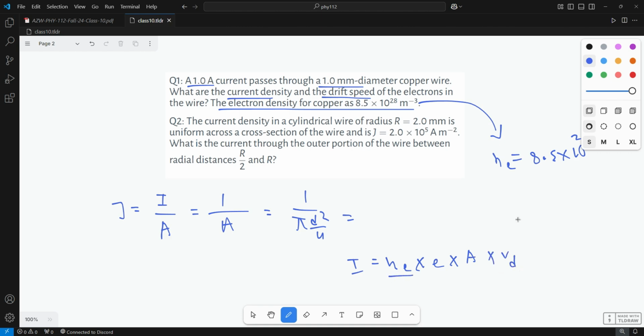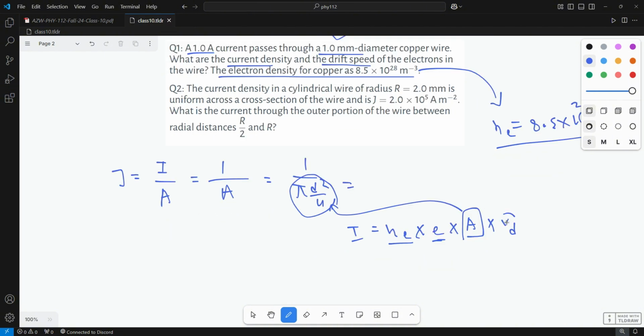So we have this, which is this. We know the value of the charge of an electron. We will find the area from the given diameter, and we can just find this, which will be Vd equals I by Ne times E times A. It's that simple.